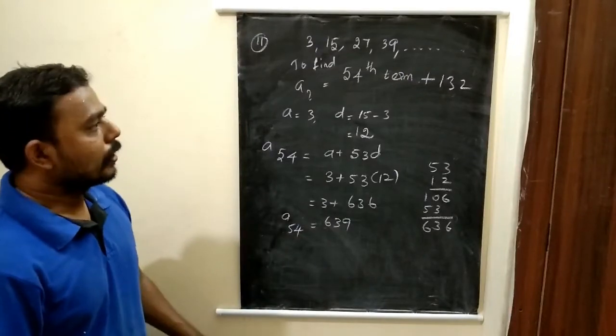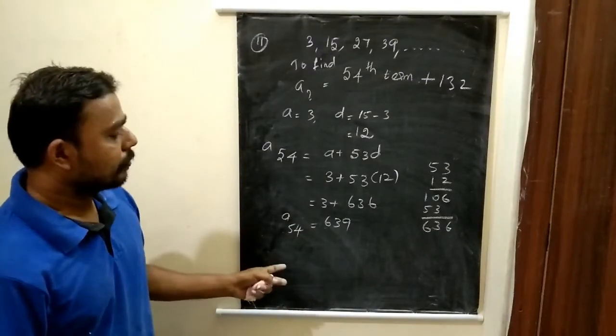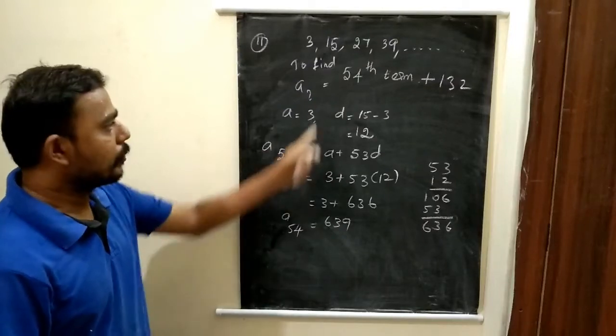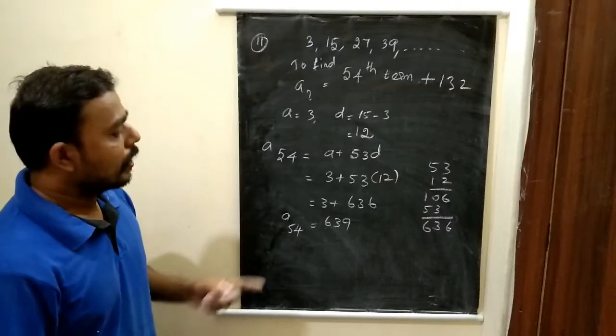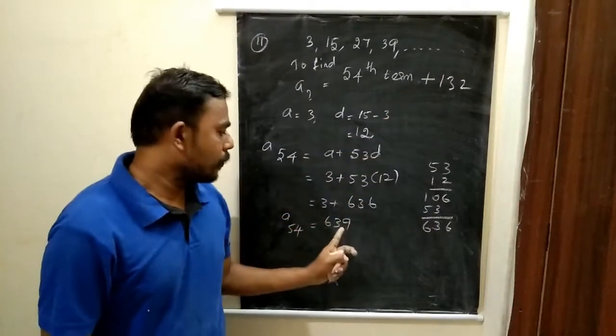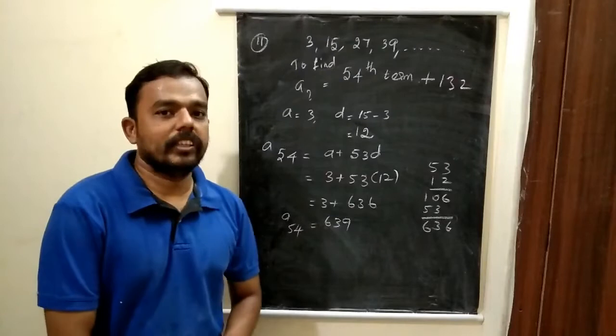Okay. Now the question is which term we need to find. We need to find our n by adding 132 to the number 639.